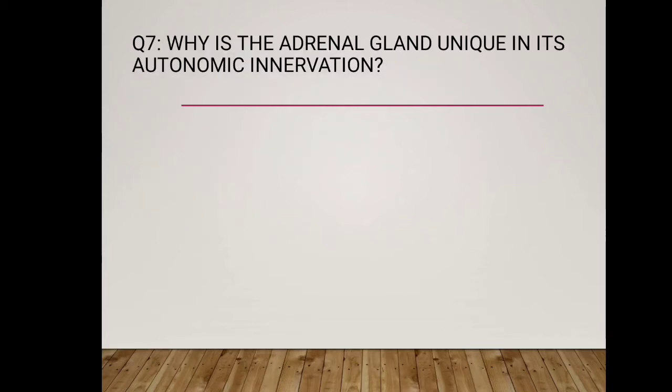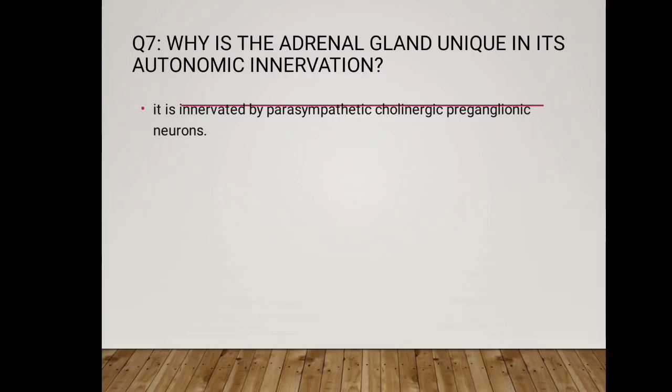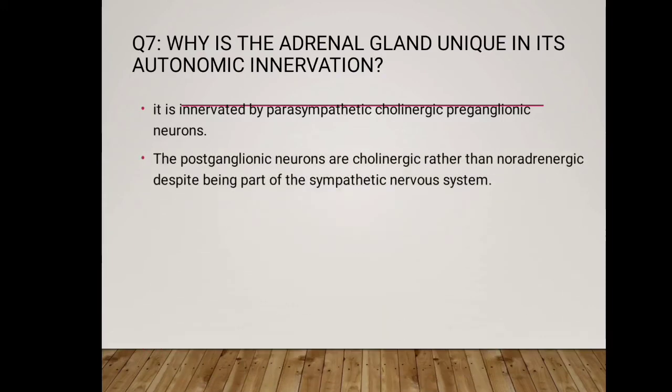Question number 7. Why is the adrenal gland unique in its autonomic innervation? Options are: it is innervated by parasympathetic cholinergic preganglionic neurons. The postganglionic neurons are cholinergic rather than noradrenergic, being part of the sympathetic nervous system.